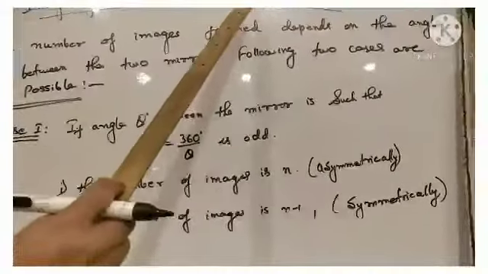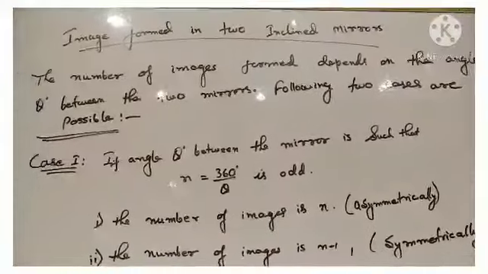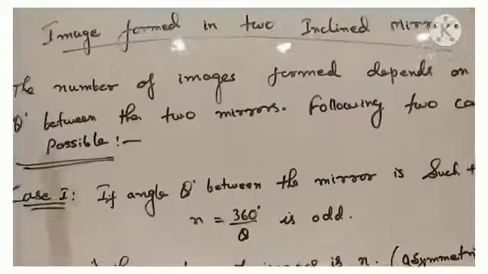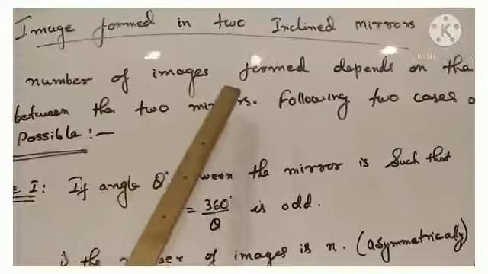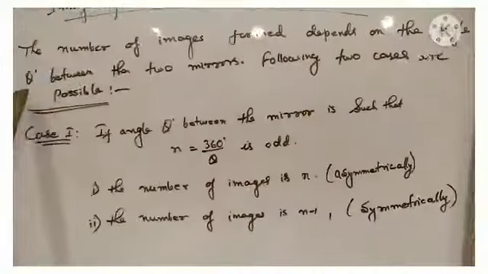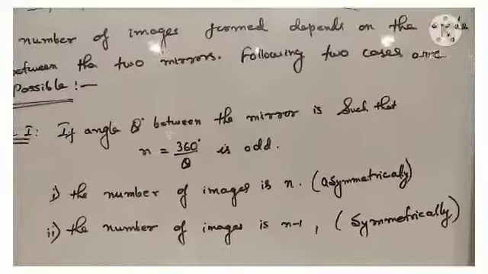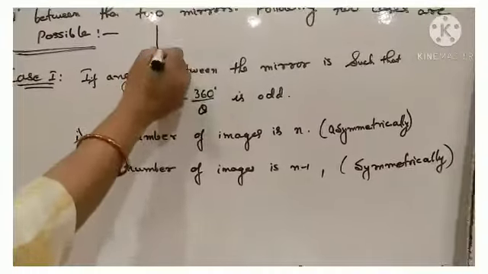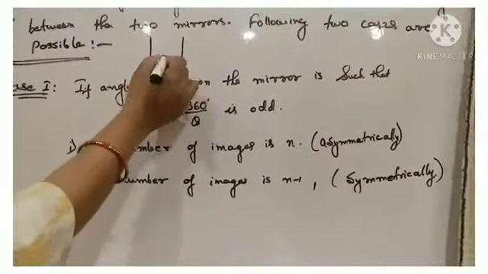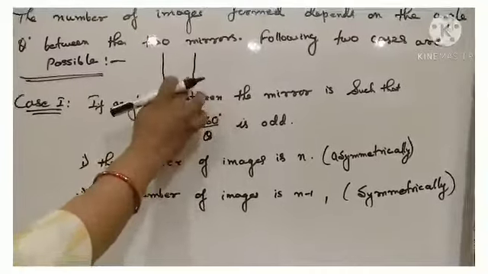How many images will we get when two plane mirrors are inclined to each other? Based on these things, the number of images formed depends on the angle between the two mirrors. Suppose we have a plane mirror this and another plane mirror this, so the angle between them is 0 degree.